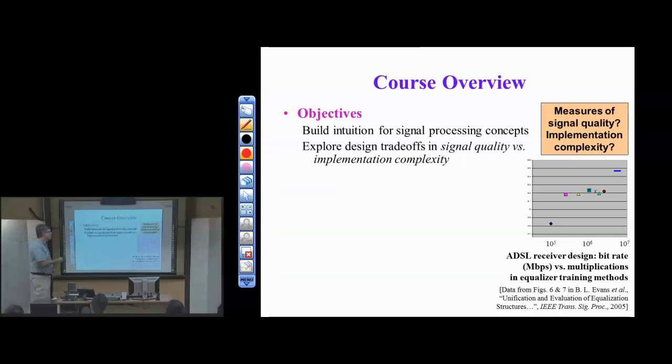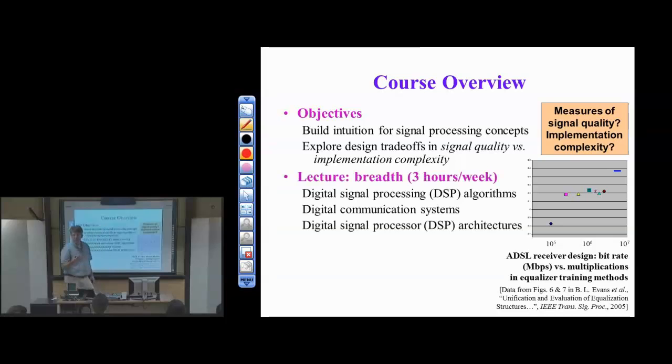So the objectives here are to build intuition for signal processing concepts and to explore the design trade-offs in signal quality versus the implementation complexity. And I'll ask you some thoughts about both of those in just a second. Yes, we're going to use quite a bit of math to get there, but we're not, again, proving theorems. We'll do some derivations. Mostly, again, reuse what you've seen before, go a little bit deeper based on your signals and systems background.